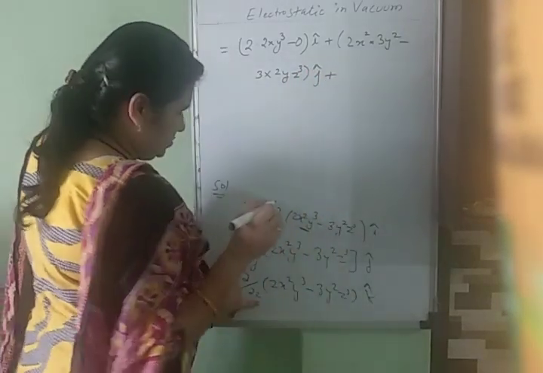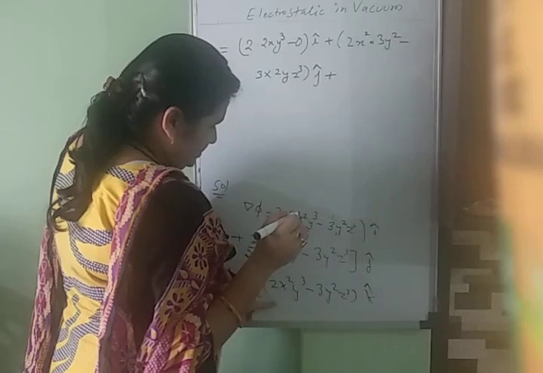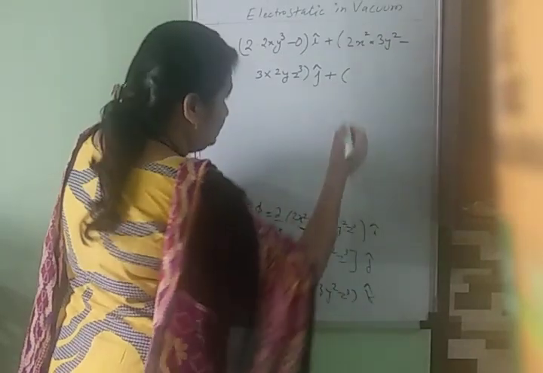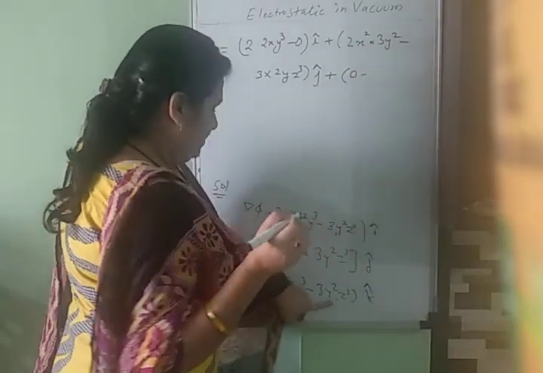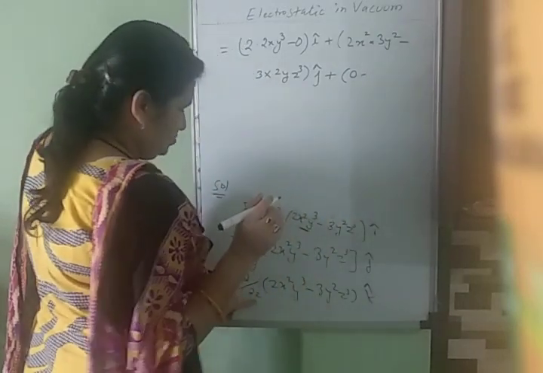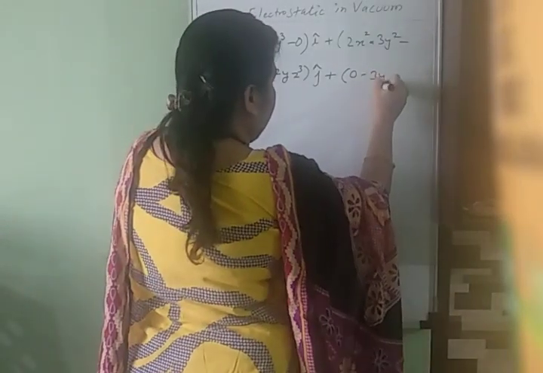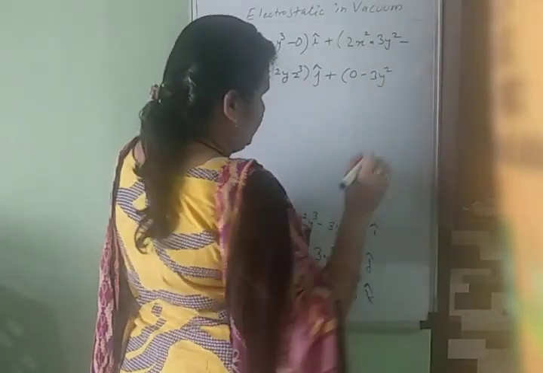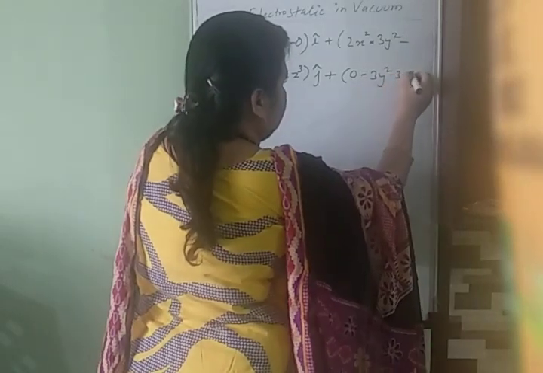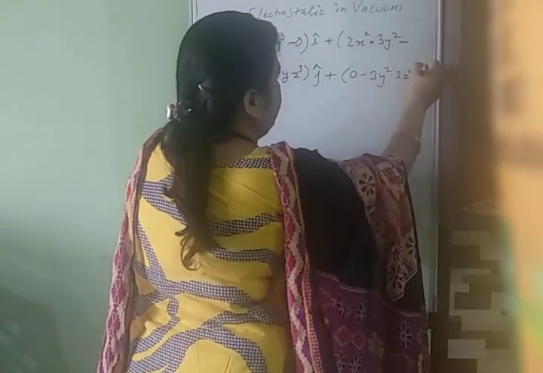Then with respect to z, the first term has no z, so its differential is 0, minus 3y² times 3z², multiplied with unit vector k.